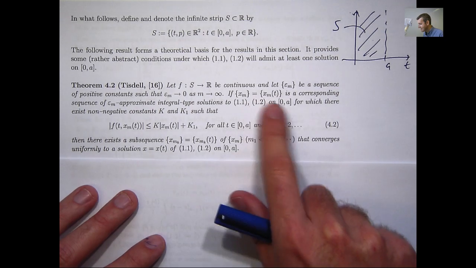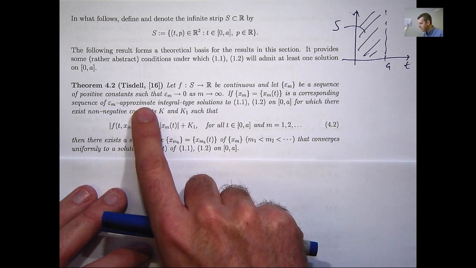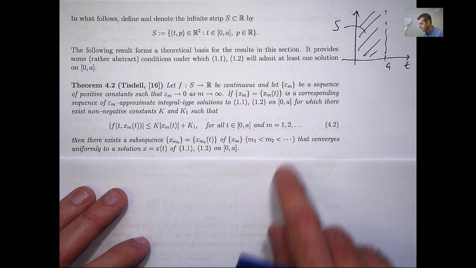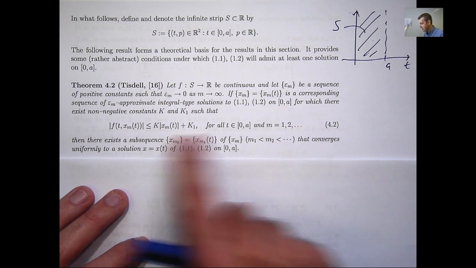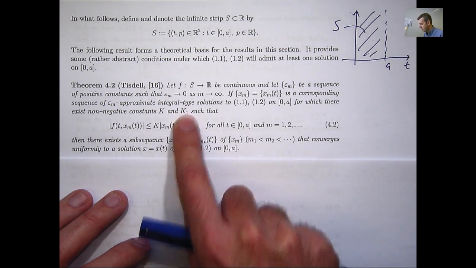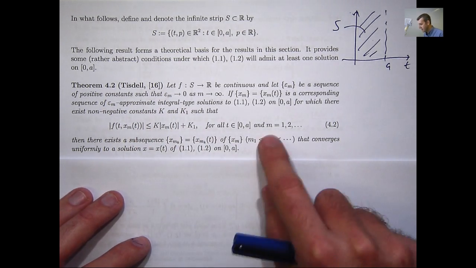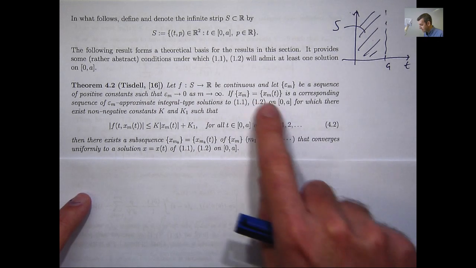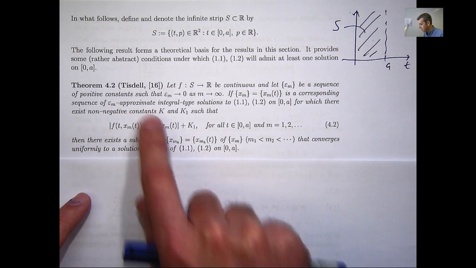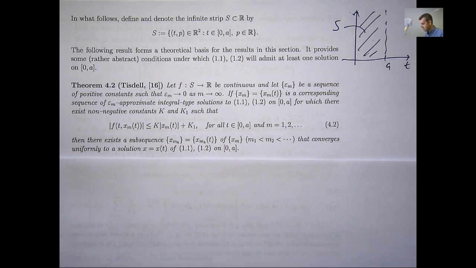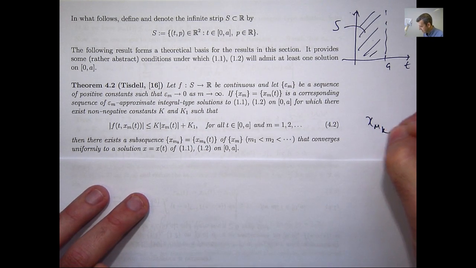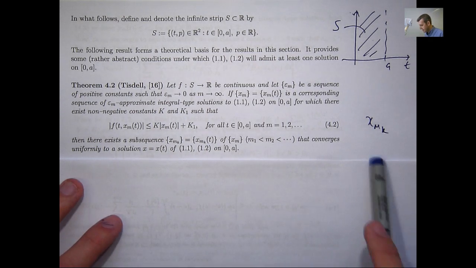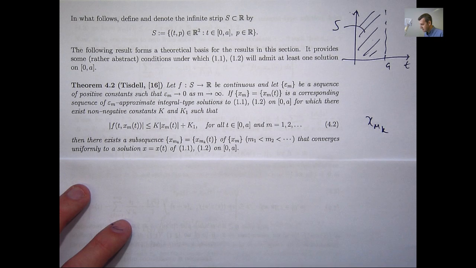If we have a corresponding sequence of epsilon m approximate solutions to 1.1 on this interval, for which there exist non-negative constants k and k1, such that this inequality holds for each m and for each t in this interval, then that sequence of epsilon sub m approximate solutions has a subsequence, again, x sub m sub k, with this subsequence of functions converging uniformly to a solution of our original problem.